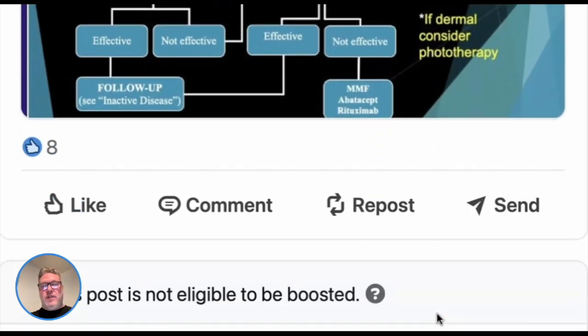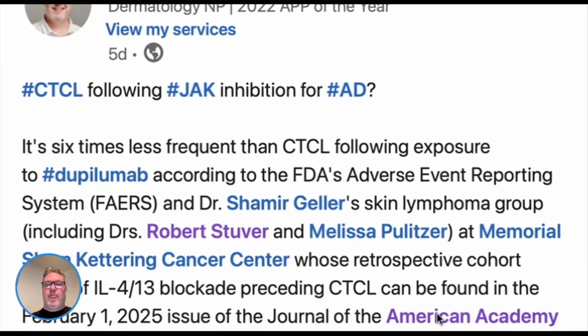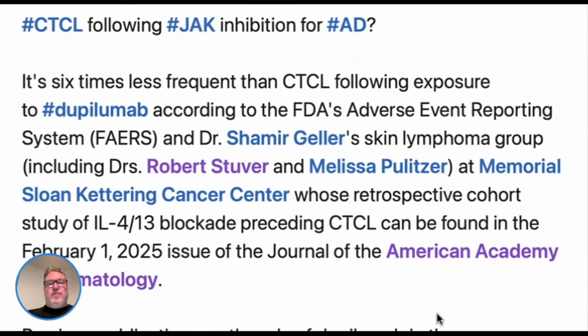Moving on to the next quick pick, with the question being, what is the frequency of cutaneous T-cell lymphoma following JAK inhibition for atopic dermatitis? Well, it turns out to be 6 times less frequent than CTCL following exposure to dupilumab, according to the FDA's Adverse Event Reporting System, and Dr. Shamir Geller's skin lymphoma group, including Drs.